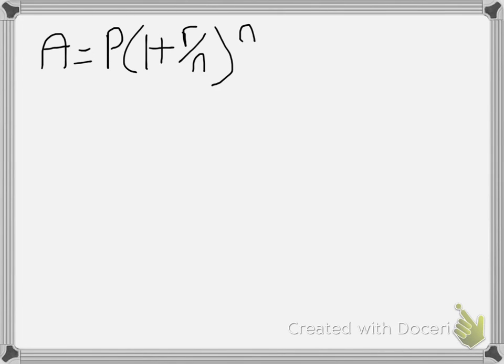A, the amount that you have, is equal to the principal times 1 plus the rate divided by the number of times that it gets compounded, raised to the number of times it gets compounded, times T. That should help you with your homework at least, having that formula.